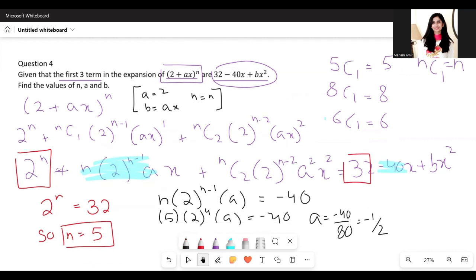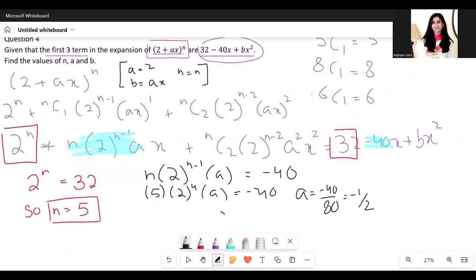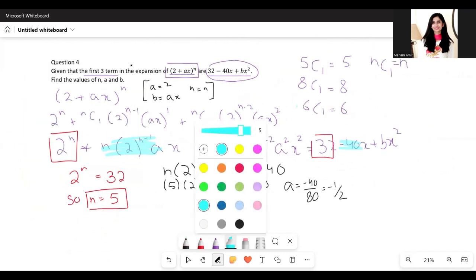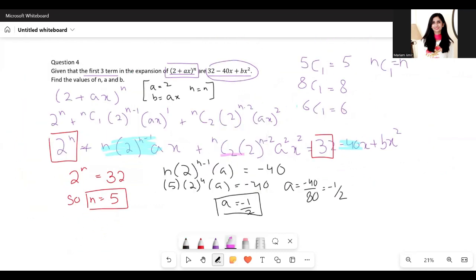So N was 5 and A is negative half. And now we will be equating the coefficients of X square on both sides. On one side, it's this.